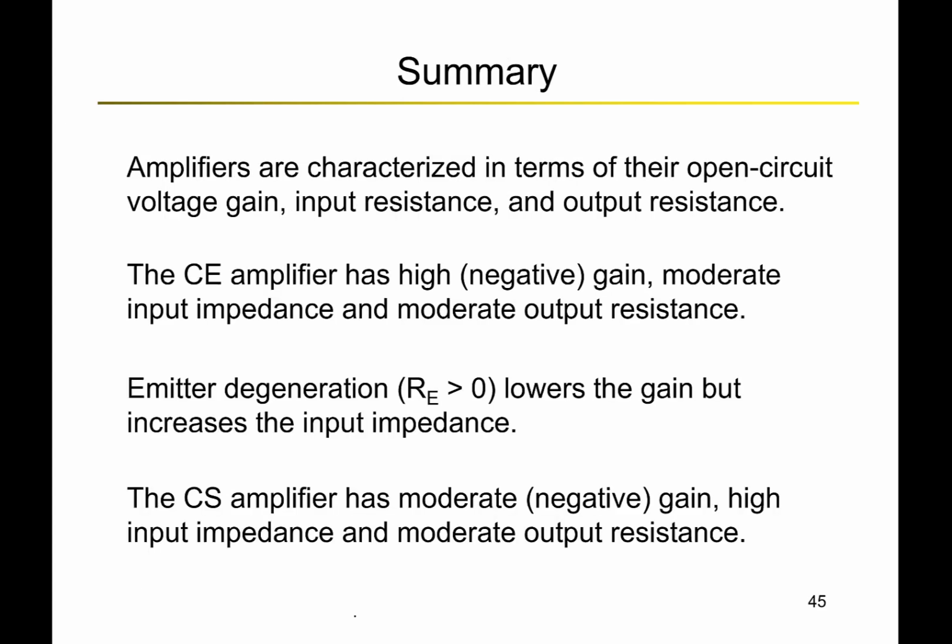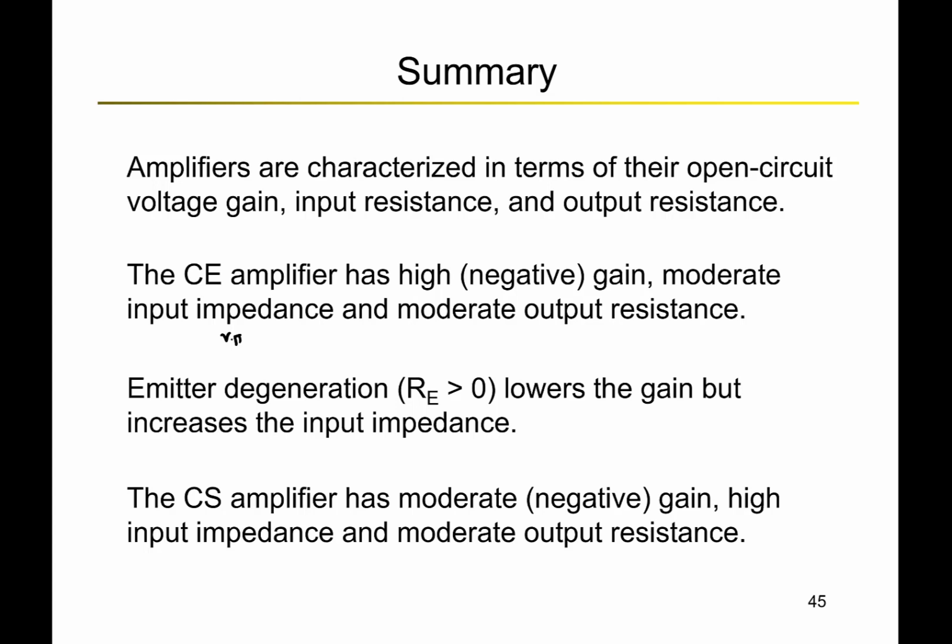Okay, so to summarize, we have learned that amplifiers can be characterized in terms of their open circuit voltage gain, that's AV0, input resistance Rin, and output resistance Ro. The common emitter amplifier has high negative gain, moderate input impedance, this is because of R pi, and moderate output resistance.